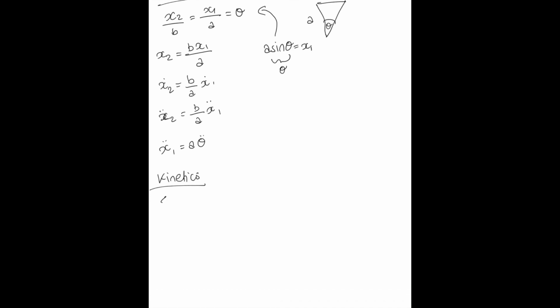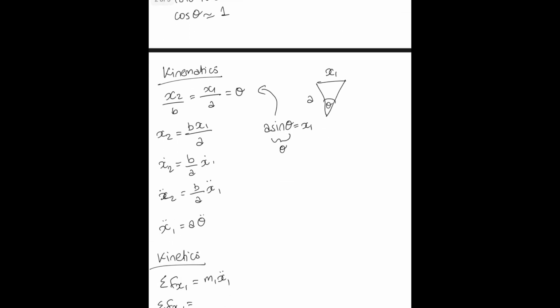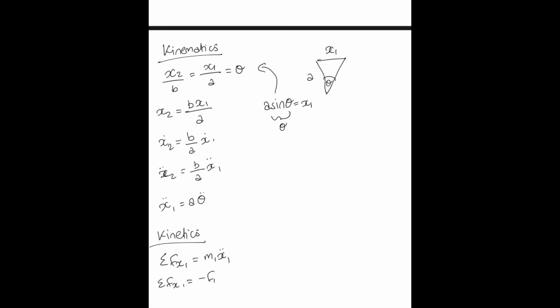The sum of forces in x1 is equal to m1 x double dot 1, so that's minus Fa minus k1 x1 equals m1 x double dot 1.